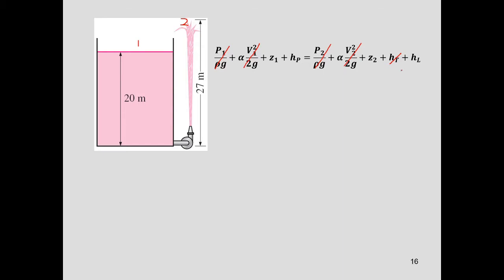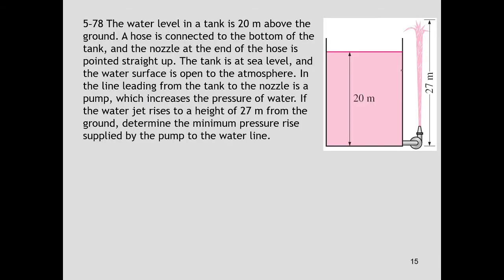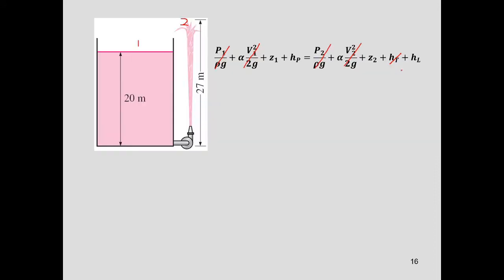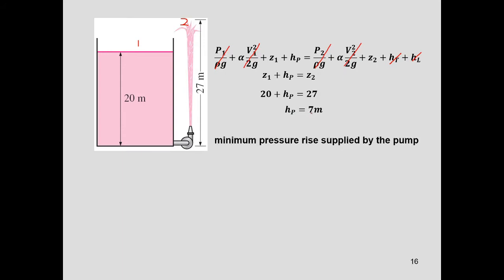Losses, are we searching for losses? No, so you can cancel the losses also. So the equation becomes Z1 plus H pump equal to Z2. Z1 is 20, Z2 is 27. Then you can get H pump equal to 7 meter.